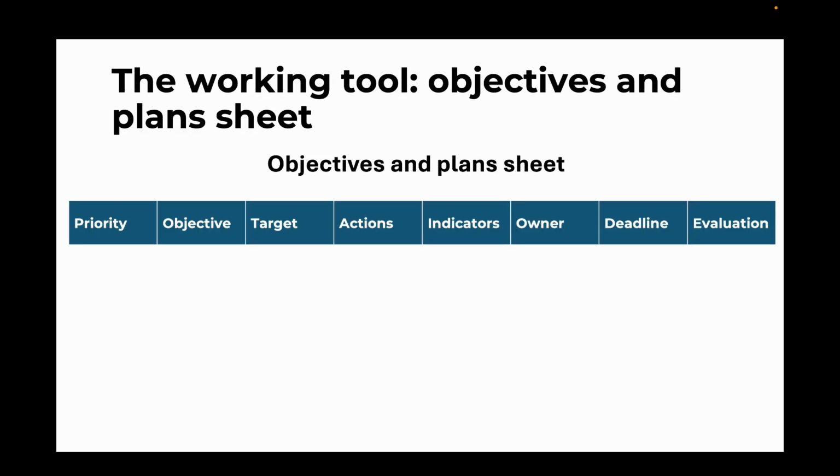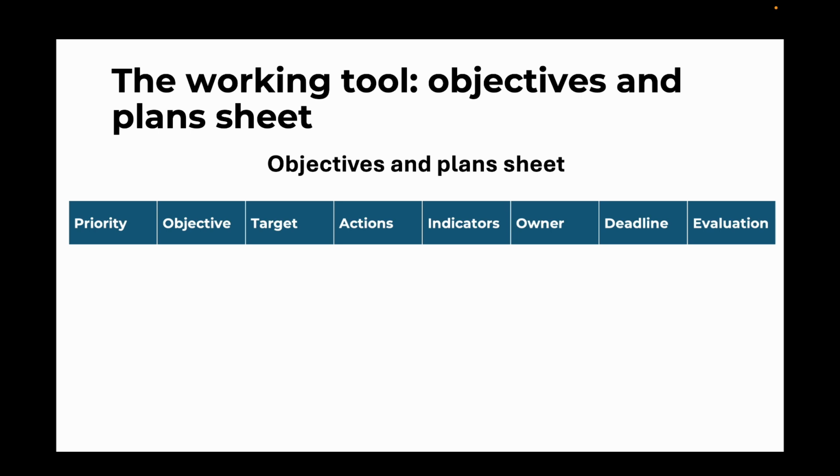Now, for episode 8, the working tool is an objectives and plans sheet. This sheet takes selected priorities and turns them into structured objectives. So, the priority explains why the objective matters. The objective defines the intended result. The target makes the result more specific and measurable.